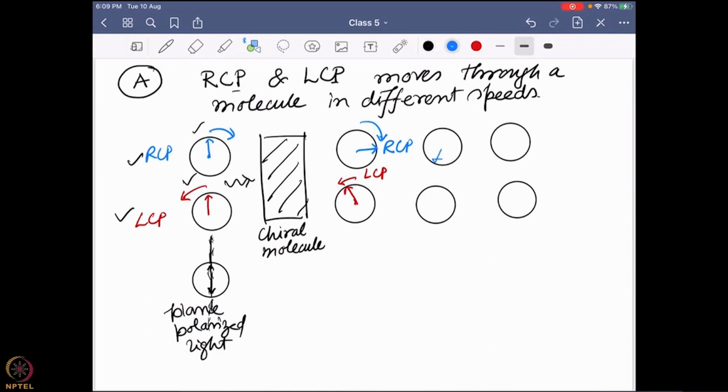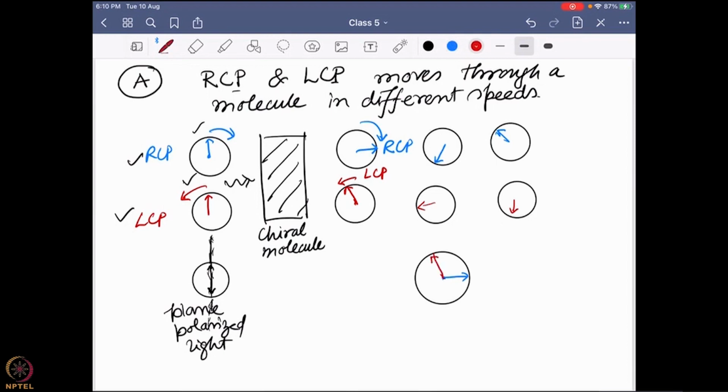Now say it is moving like this, whereas the left hand one is moving very slow, such that altogether what we are going to see is the following: the resultant of all this RCP and LCP, because now RCP is moving way faster on the right hand side compared to the LCP.